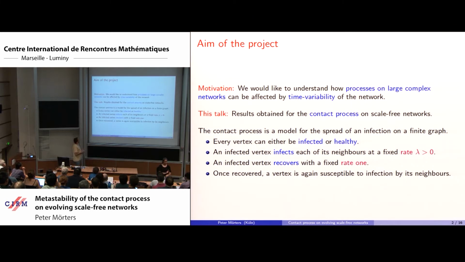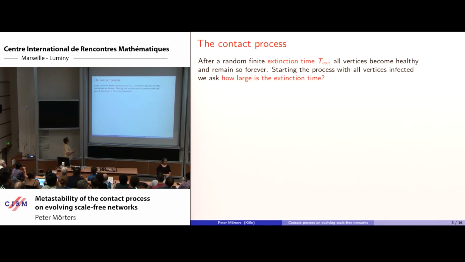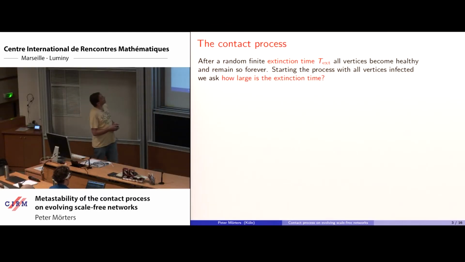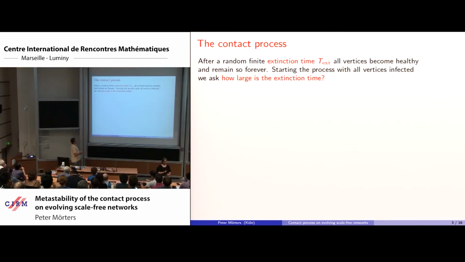The situation that we will be most interested in is that the infection has broken out, so we assume that every vertex is infected, and we ask how long does it take until the infection has died, and we're in the state that everyone is healthy. Okay, so this is the extinction time Tx, and at the extinction time all vertices become healthy and remain so forever. We start with all vertices infected and ask how large is this extinction time.